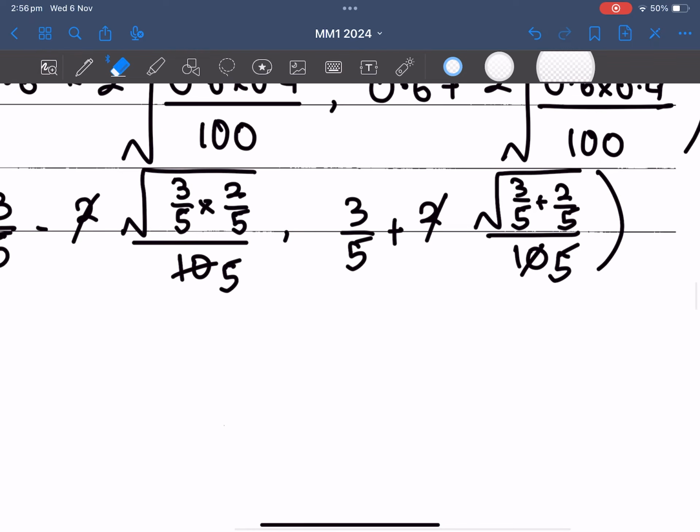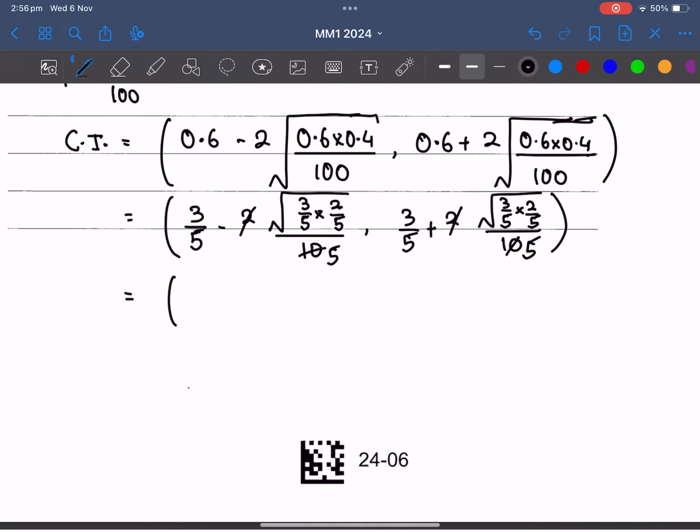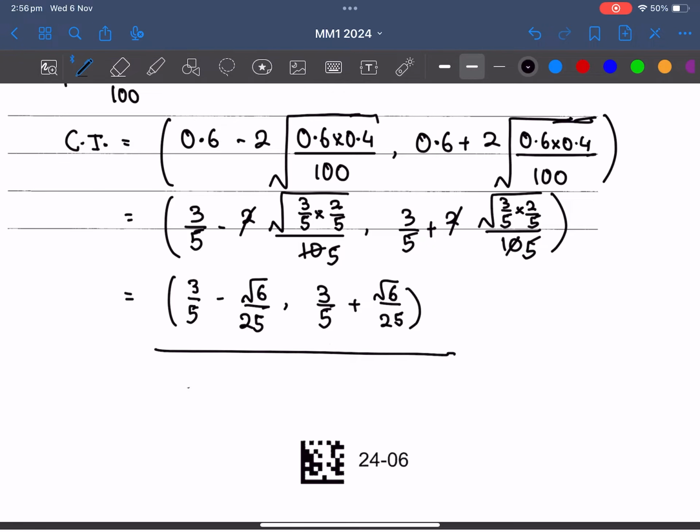Sorry, not plus. What am I doing here? Okay, multiply. There we go. So 3 on 5, take away 6 on 25, so that will simplify to 6 on 5. So square root of 6 on 5 divided by 5. So it's root 6 over 25. And then 3 on 5 plus root 6 on 25. Okay, so I think this should be the answer for our confidence interval.